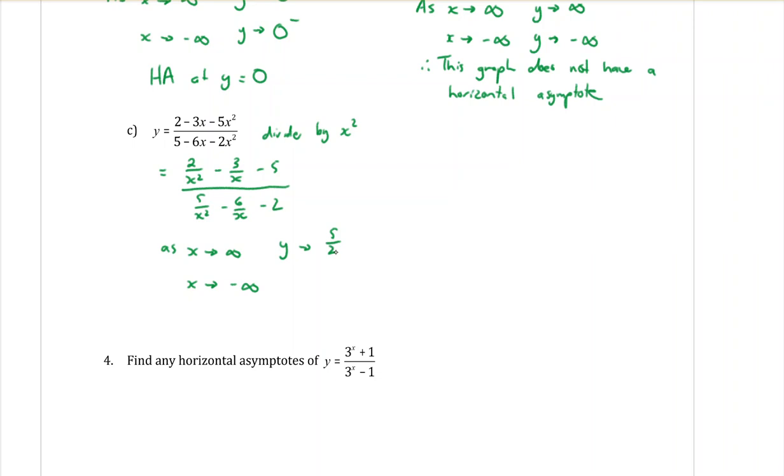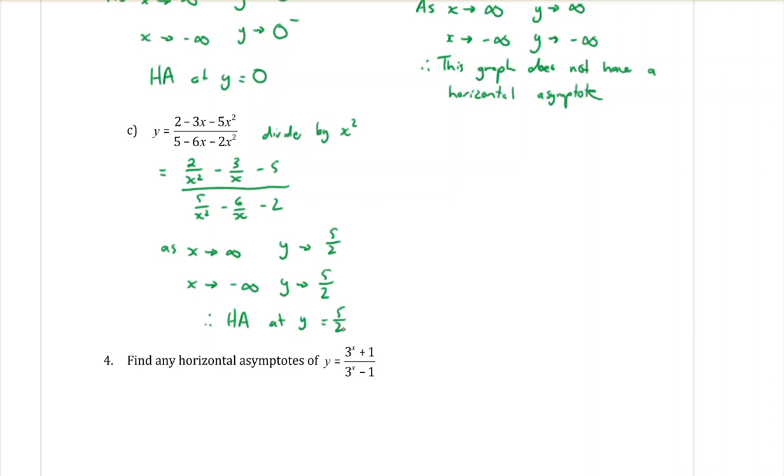If I put in negative infinity, the same fractions cancel out and I still have the minus 5 over minus 2. That is also going to be approaching 5 over 2. So I do have a horizontal asymptote at y equals 5 over 2 or 2.5.